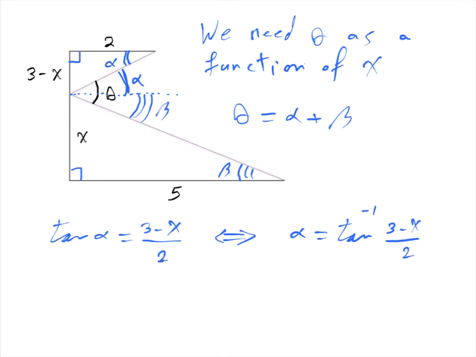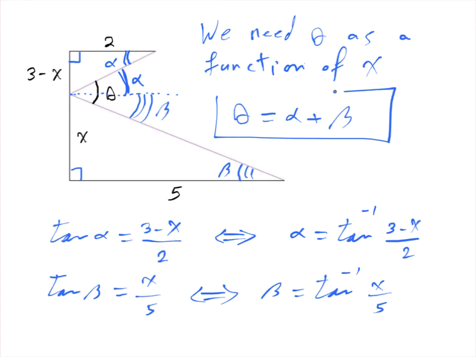Similarly, for beta I can say tangent of beta equals x divided by 5, and that's equivalent to saying beta is arctangent, or tangent inverse, as you like, of x over 5. So now I have alpha in terms of x, beta in terms of x. What did I need to find? I needed to find theta in terms of x. And theta is alpha plus beta.